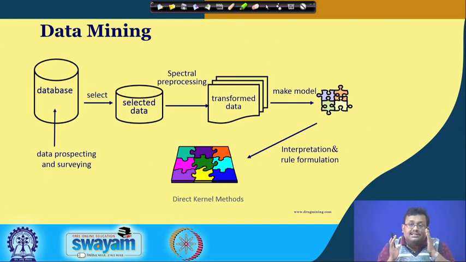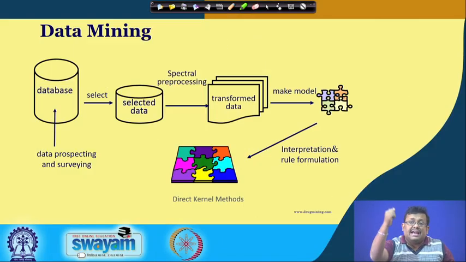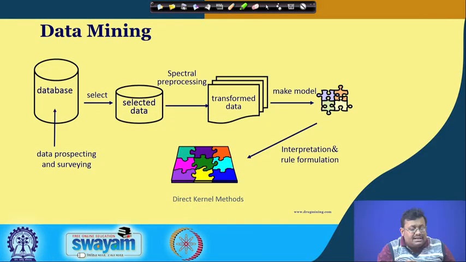Once we have gathered this database of spectra, for example, thousands of spectra for thousands of samples, we will create a database, and from this database we will do some spectral pre-processing, and using the transformed data we will create some predictive modeling.